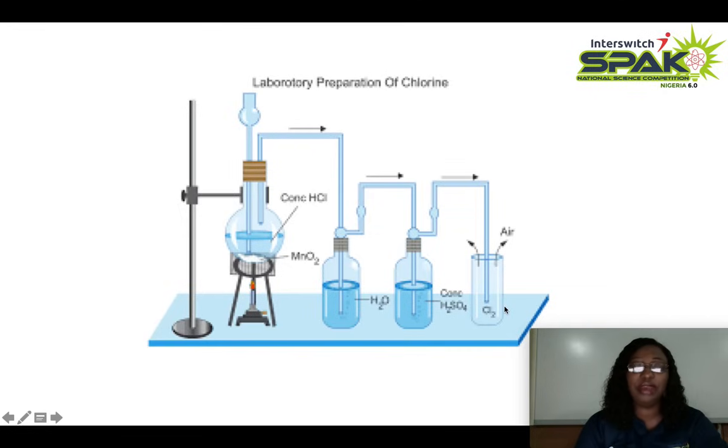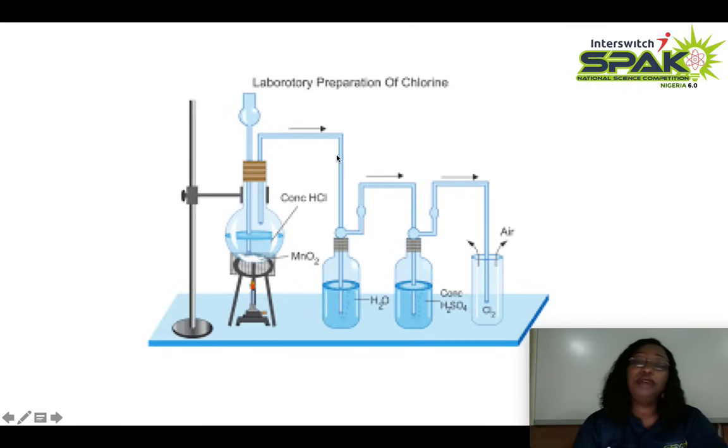This is the laboratory preparation of chlorine. Now, what did I say again about conc. H2SO4? Okay, it is a drying agent in this reaction. What did I say again about MnO2? Manganese(IV) oxide is an oxidizing agent in this reaction.